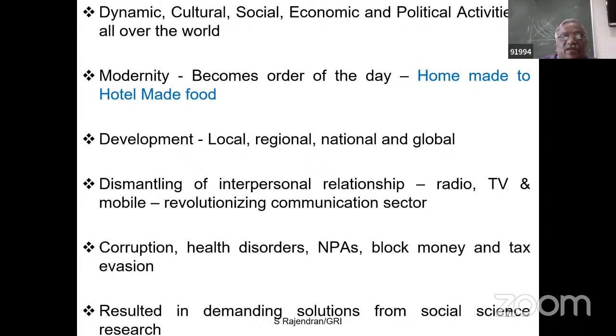For instance, when we were young, going to a hotel for taking breakfast or any time food was regarded as unscientific, immoral. Please remember this word. In colloquial language, they said that this guy will not come up as a good citizen if you go to hotel.